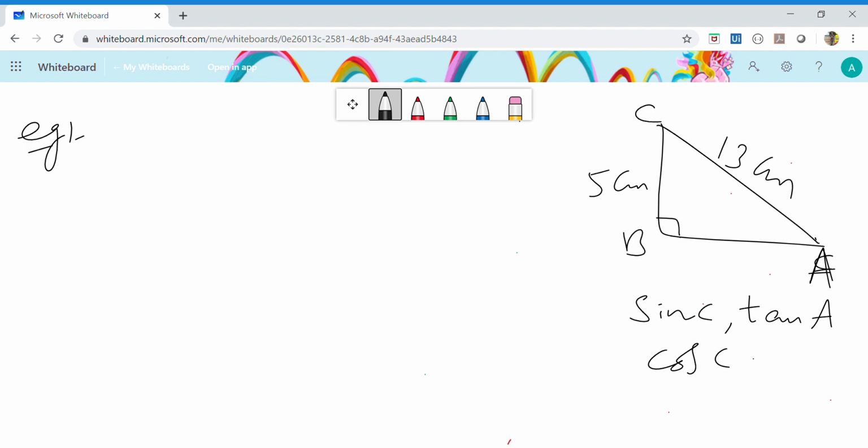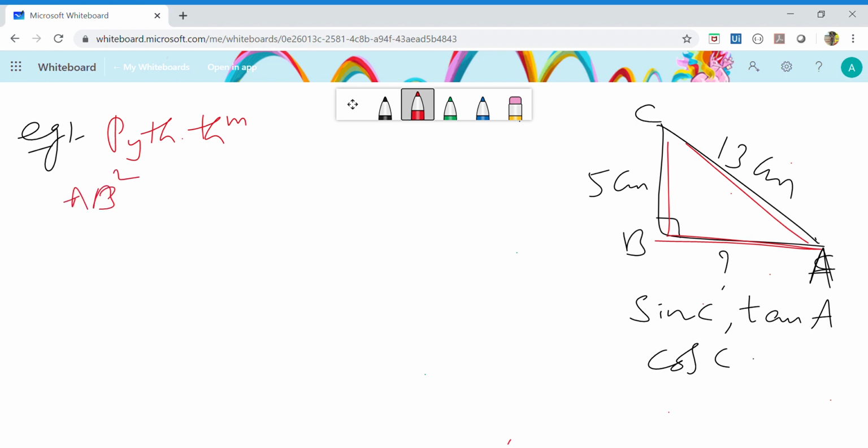So already 2 sides are there. The third side you have to find out. How can you find out the third side? By using Pythagoras theorem. Hypotenuse square is equal to the sum of the squares of the other 2 sides, or else one side square is equal to hypotenuse square minus the other side square, also you can write. So AB square is equal to AC square minus BC square.